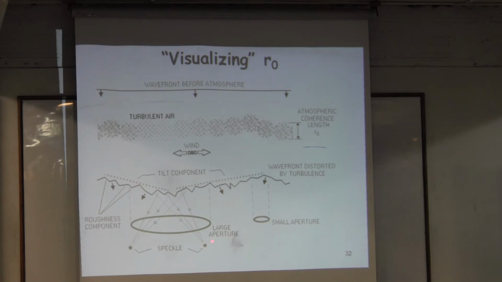This is the tilt component that gives you the tip-tilt image motion in the small telescope. Of course, it's also there at the large telescope, but it gets less important there. But then there is also some fine structure, even for the tilted components, the roughness here, and that will give you many different speckles that will grow.